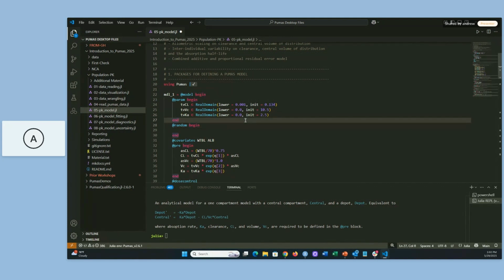But you don't want to just throw in random numbers, because you run the risk of getting stuck in some sort of statistical well as it's trying to optimize and converge on these log likelihood ratios and the best fits. So you don't want to start off every model by labeling the initial estimate as 10. Don't do that, because you can run into trouble, especially later on down the line.